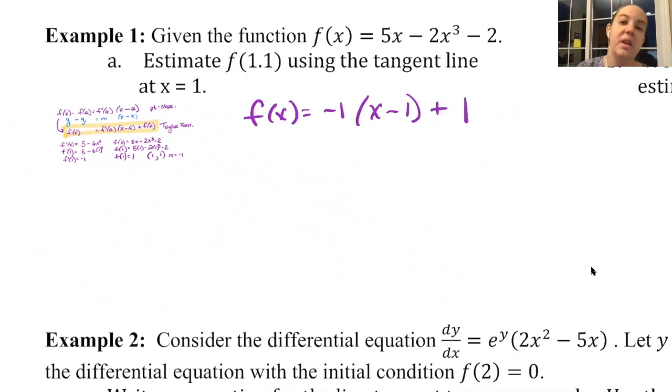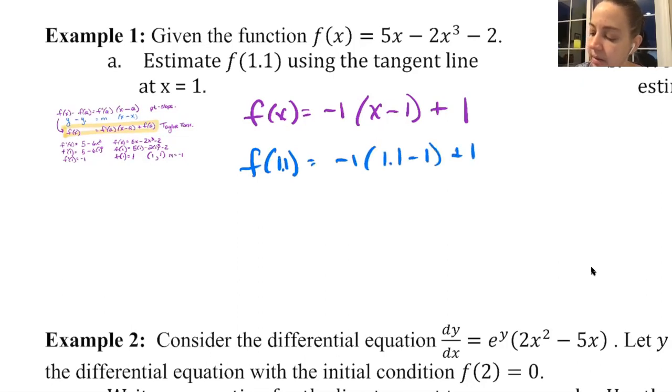So remember, this is the equation of the tangent line. This is our Taylor form, which is kind of like the point slope form. So we're going to estimate f of 1.1 using the tangent line approximation. So all that means is I replace the x's with 1.1. So f of 1.1 is equal to negative 1 times 1.1 minus 1 plus 1.